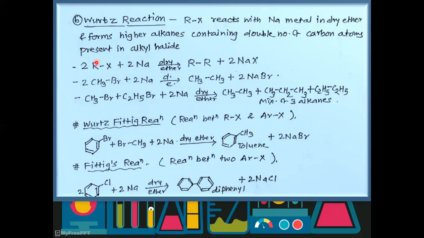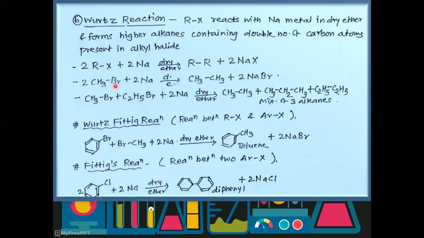For example, if two molecules of alkyl halide react with two sodium atoms in the presence of dry ether, it gives R-R. The alkyl halide has only one R, but when the reaction is complete, the carbon count becomes double because R gets bonded to another R, as there are two molecules, and the byproduct is 2NaX.